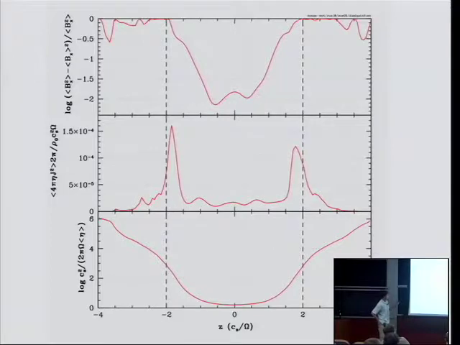So here are various quantities horizontally averaged and plotted as a function of height, from 4 scale heights below to 4 above the midplane. The top quantity that we're looking at here is the excess pressure due to horizontal fluctuations in the magnetic field. So in the surface layers, we have turbulence, so almost all of the pressure is due to those fluctuations.